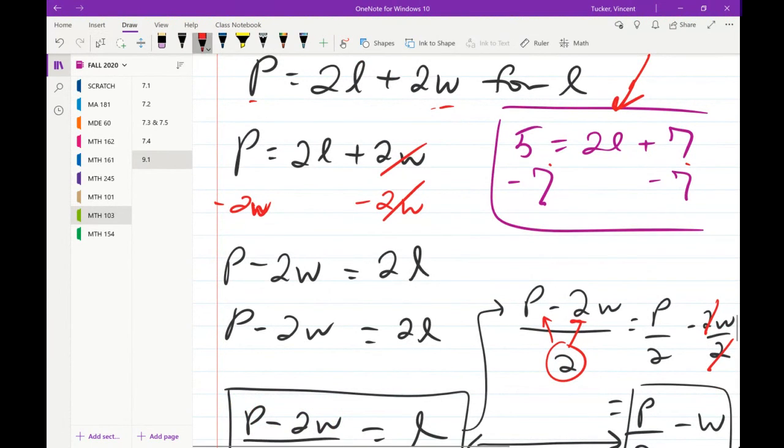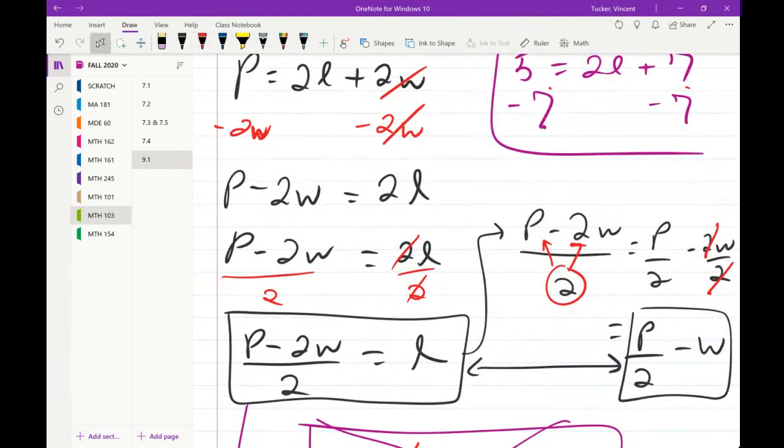Then to finish it off, you divide by 2 because you want to get the 2 off of L, and your answer is P minus 2W over 2.